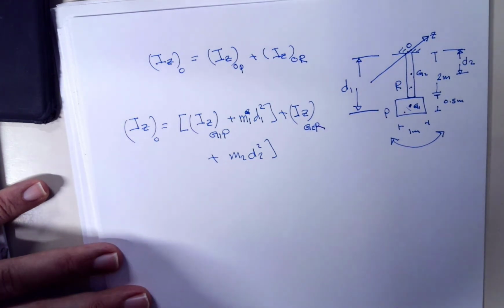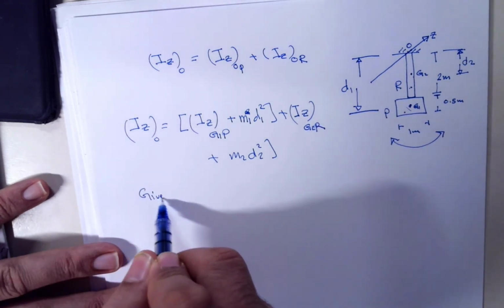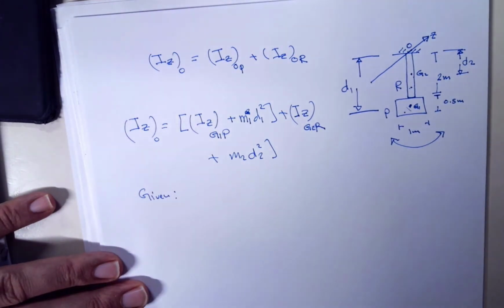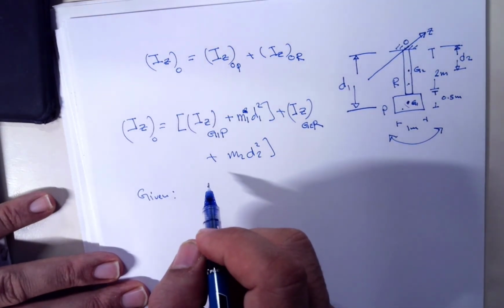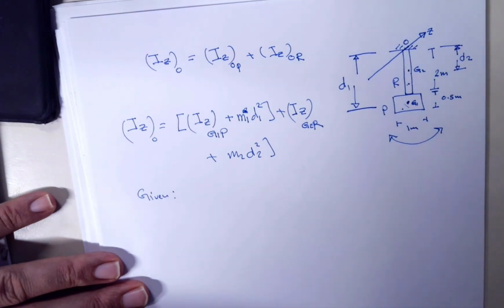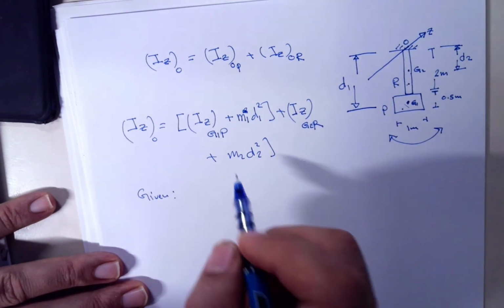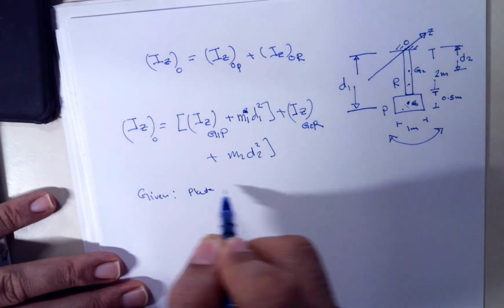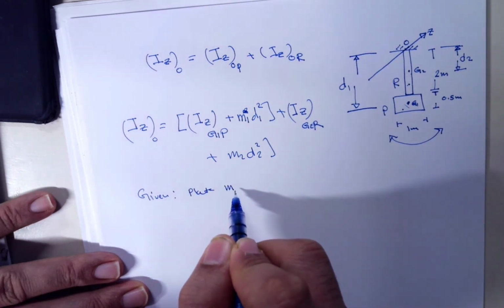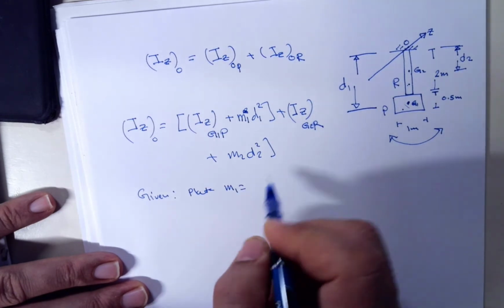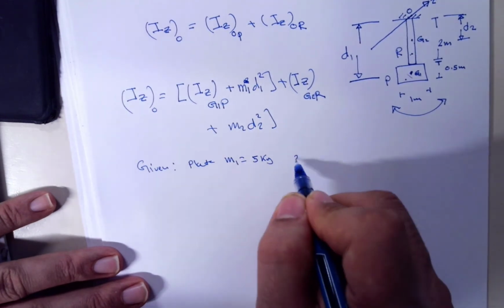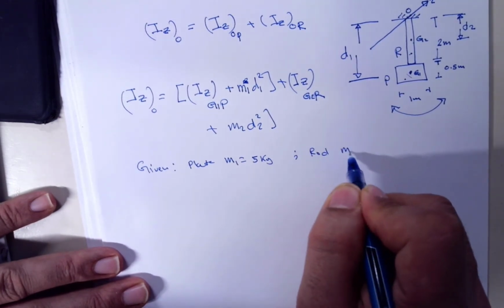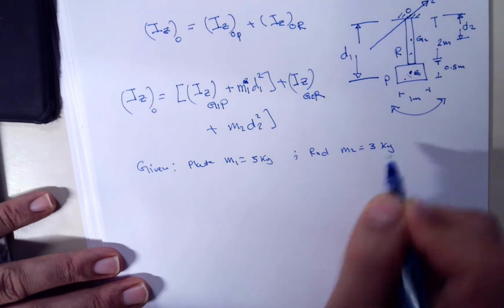All right. So let's say given in the problem that the plate has mass 1 equal to 5 kilograms, and the rod has a mass equal to 3 kilograms.